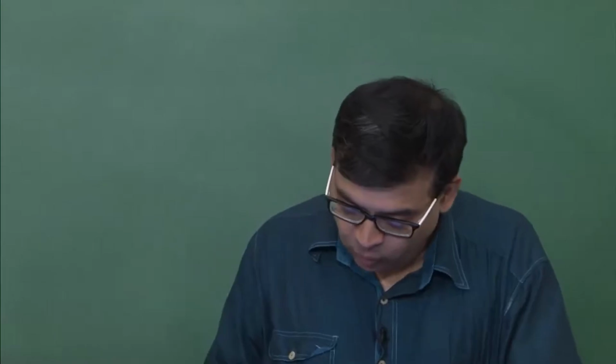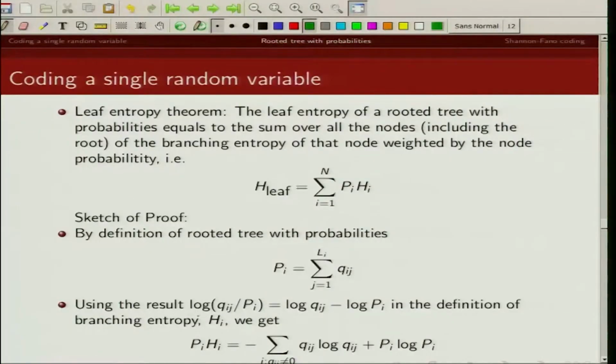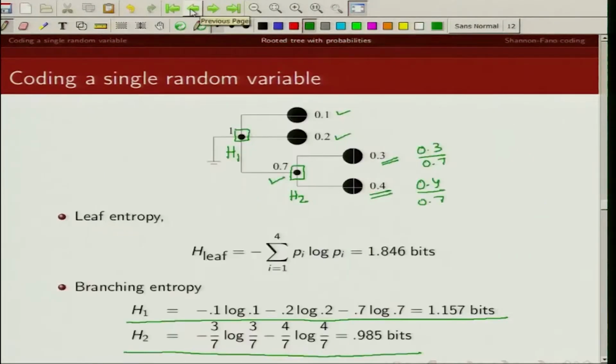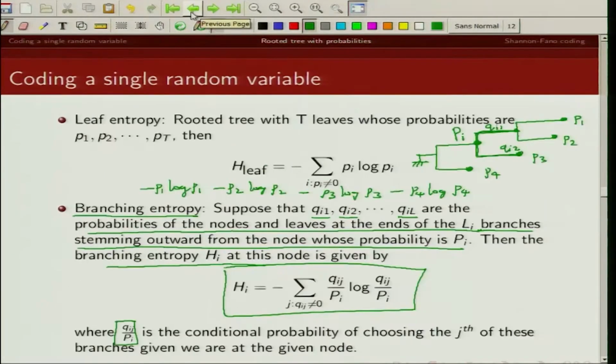Now next look at this term, log of Qij by Pi. In the branching entropy, if you recall the definition of branching entropy, you can see here you have this term of the form log of Qij by Pi.